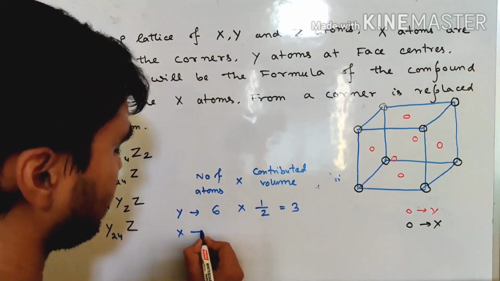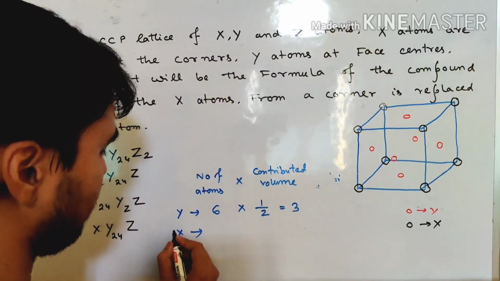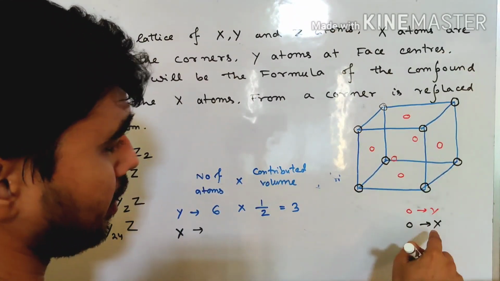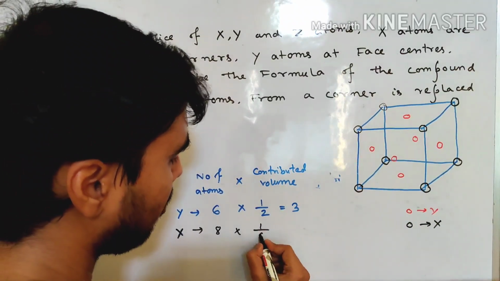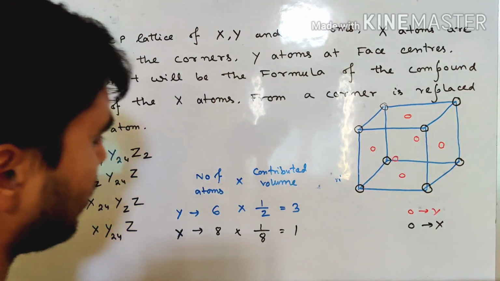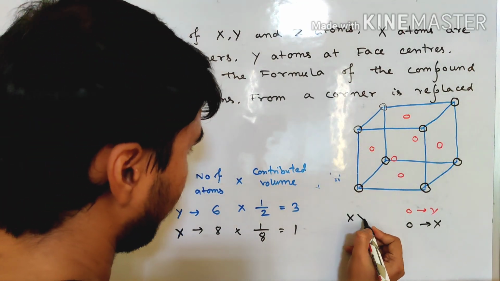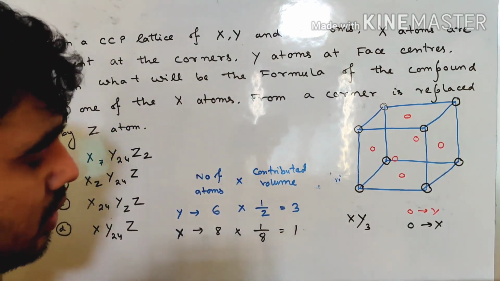In case of X, there are 8 atoms. We know corner atoms will contribute 1/8. So this is 1. So in the normal circumstances, the formula should have been X, Y3. I hope you agree.